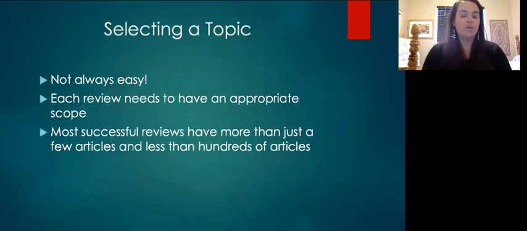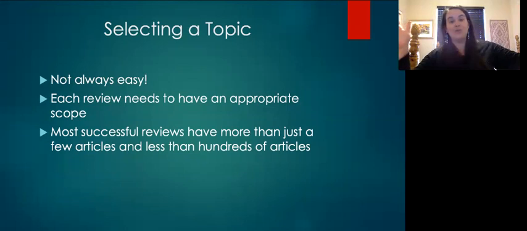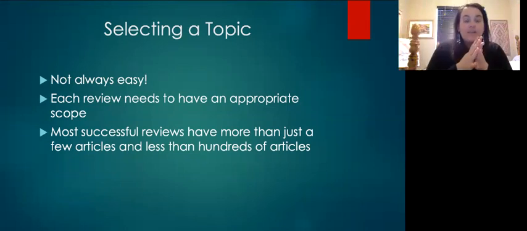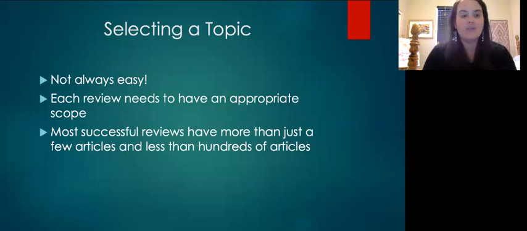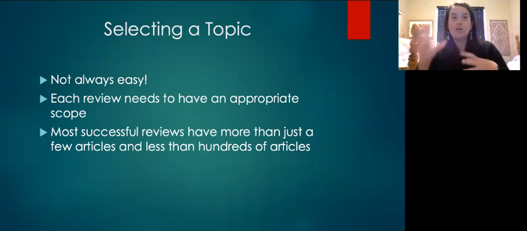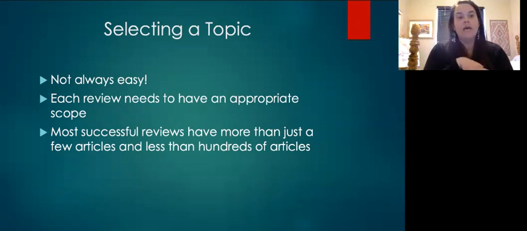When we do a review of the literature, we have to choose a topic. That's not always easy. Some topics can be way too broad, with thousands upon thousands of articles, or very narrow, where there's not very much. So your scope has to be appropriate, and sometimes that's hard to narrow into.